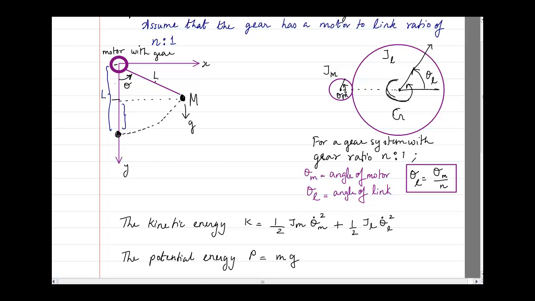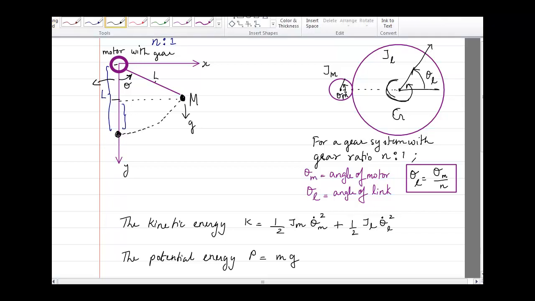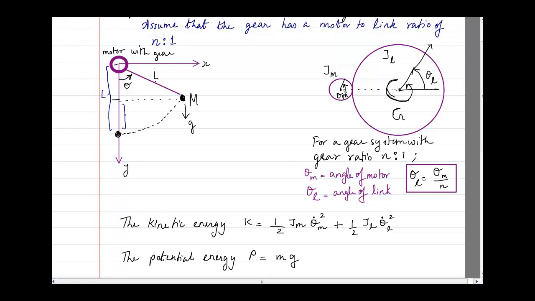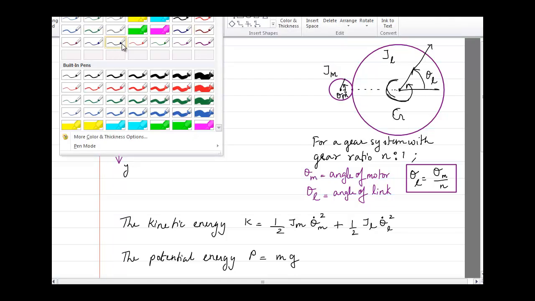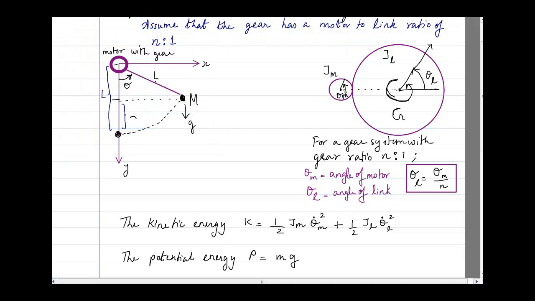So what is this? This can be written as L cos theta, correct? L cos theta. So this height difference comes out to be L minus L cos theta, which can be written as L into 1 minus cos theta.